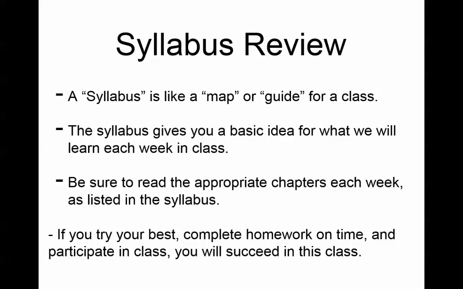The syllabus will also give you a kind of weekly guide that can tell you what to read each week and how to prepare each week. So it's very important to look at this syllabus. If you look at the syllabus, you review what is expected of you, and you try your best to complete your homework on time and participate in class, you will most likely succeed and do well in Level 1.